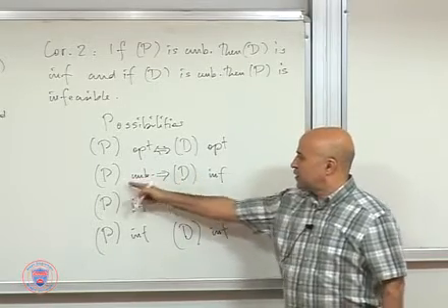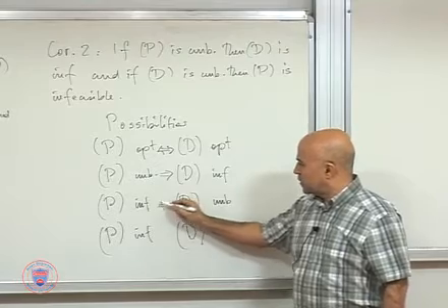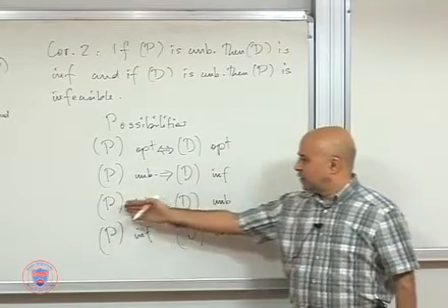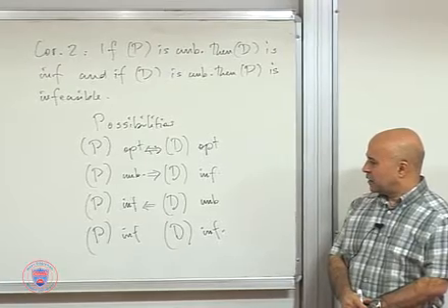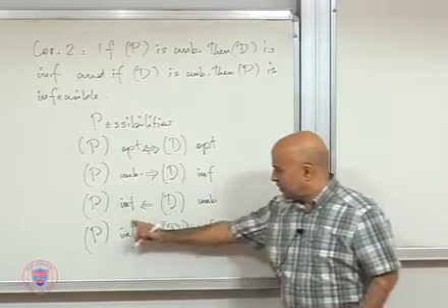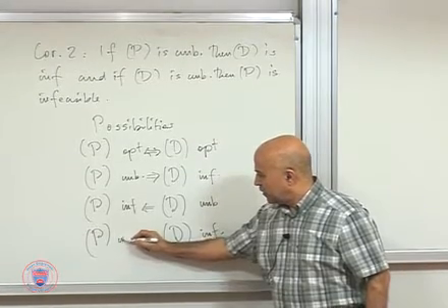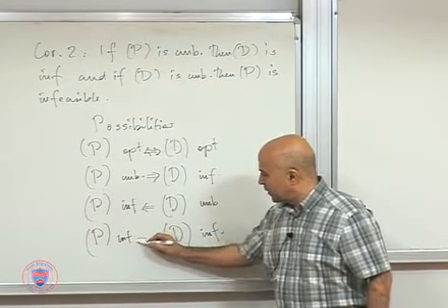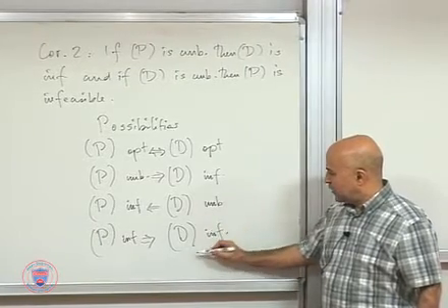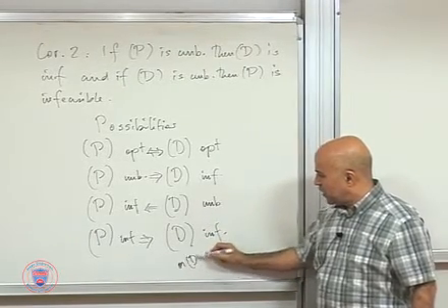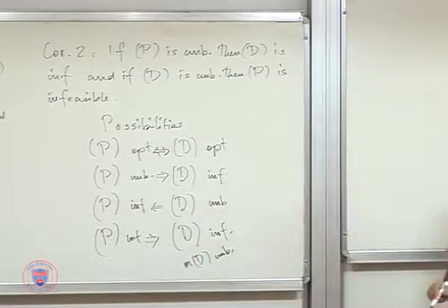This one implies the other one is infeasible. Unboundedness implies P is infeasible. And let me change this one. Or let's just keep it this way. Infeasibility of one problem implies the other one is either infeasible or unbounded. Okay? So that's the implication for the last one.